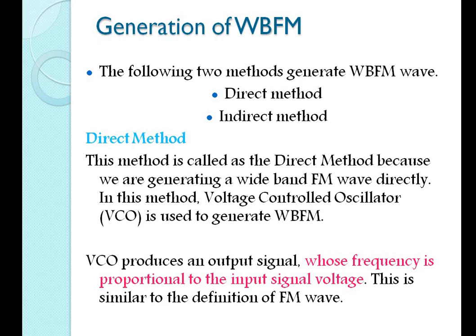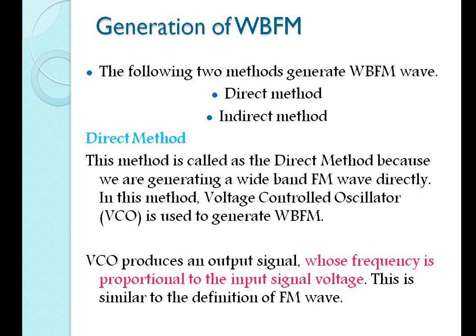In this method we only use a voltage controlled oscillator to generate wideband frequency modulation. What does this VCO produce? An output signal whose frequency is directly proportional to the input signal voltage. That is, whenever you increase the input signal voltage, your frequency also increases. Because it is wideband frequency modulation, the bandwidth will be wide, yes or no?